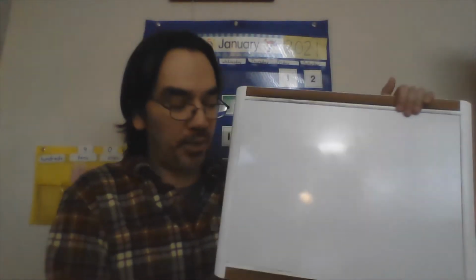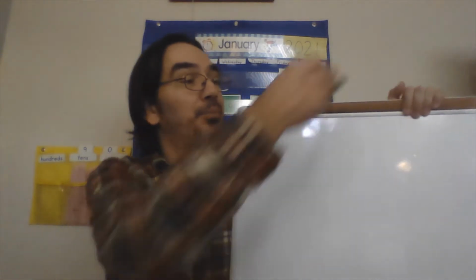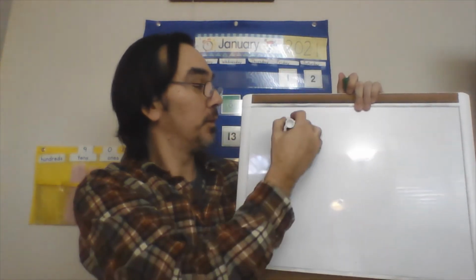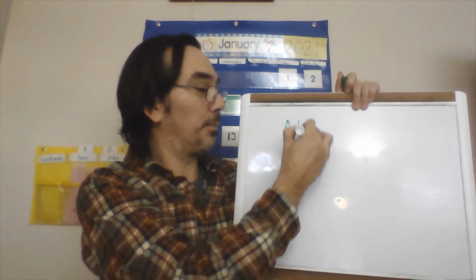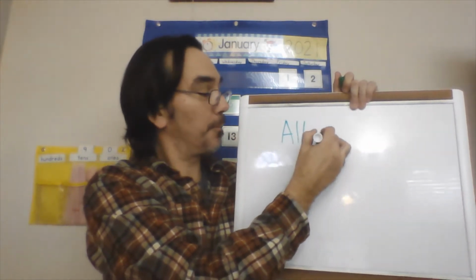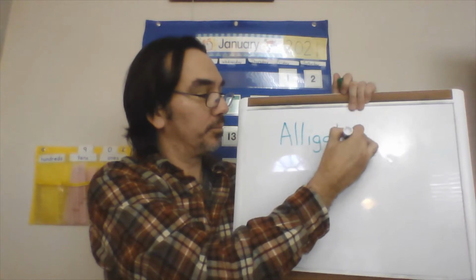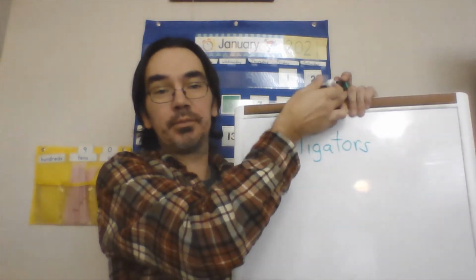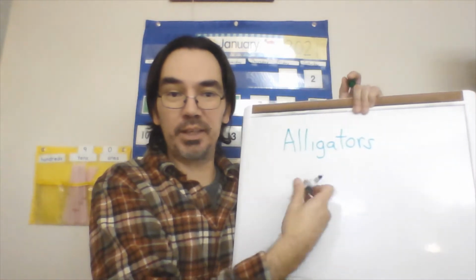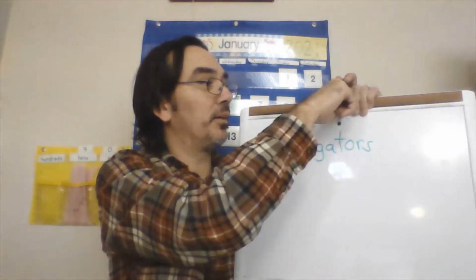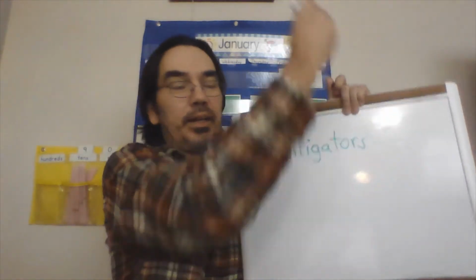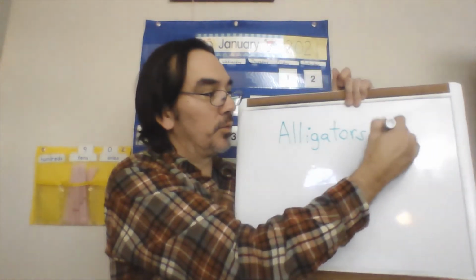Let's check this out. So we're going to give our naming part of my sentence. And I'm going to put alligators. There I have my naming part. What did I name? What I was talking about, right? What I'm talking about is the alligators. And I'm going to say that alligators. Oops.